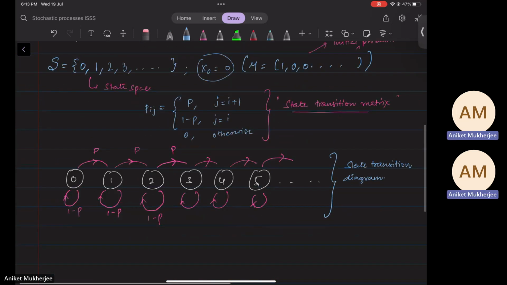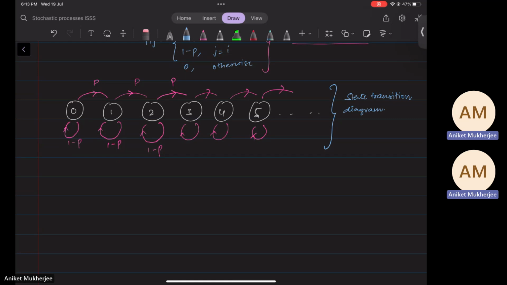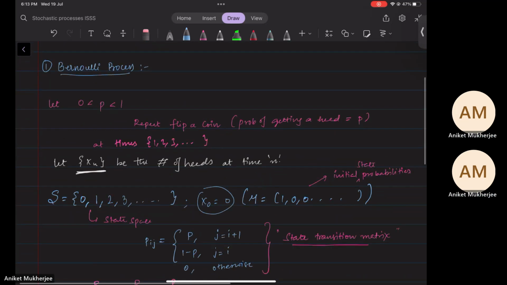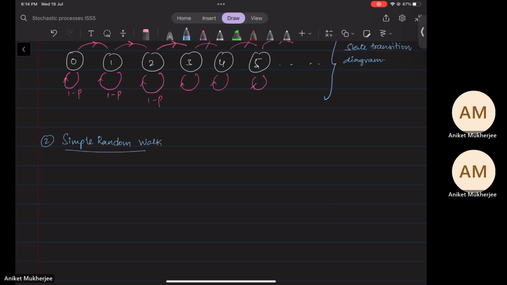Yeah, so this is an example of a Markov chain. We will give one more example. So one more example is a simple line. So again, I define a parameter p, and now, okay, it is a simple random walk.